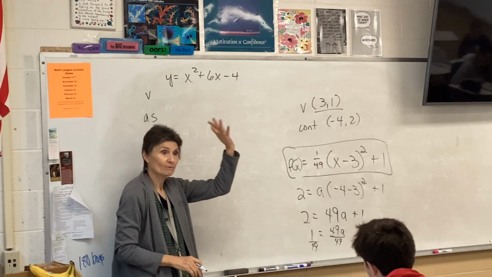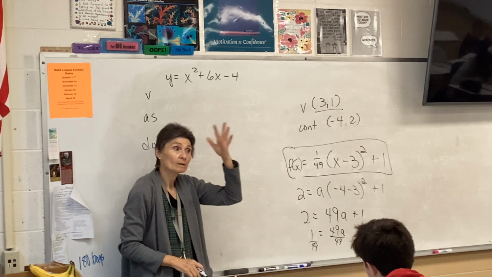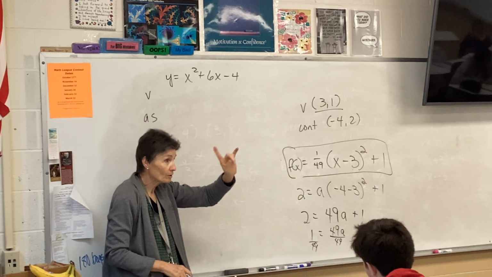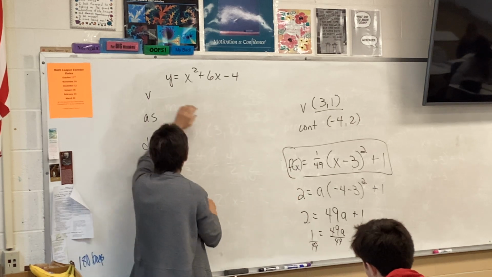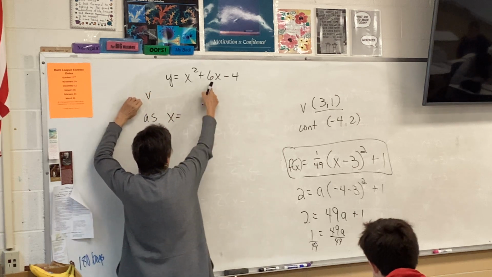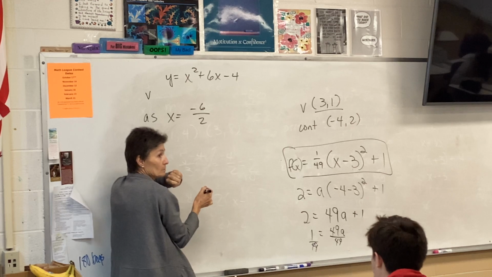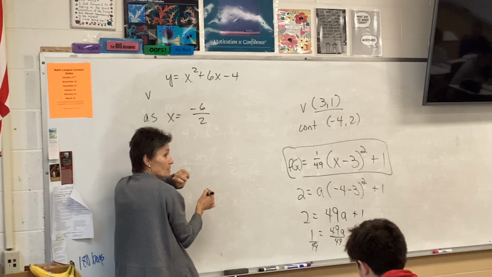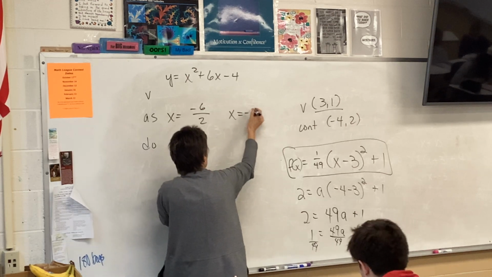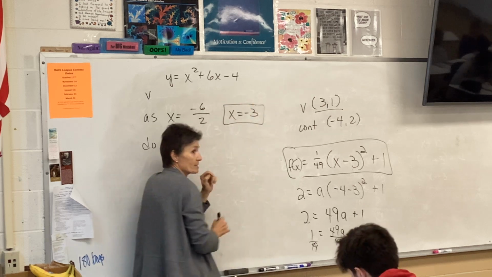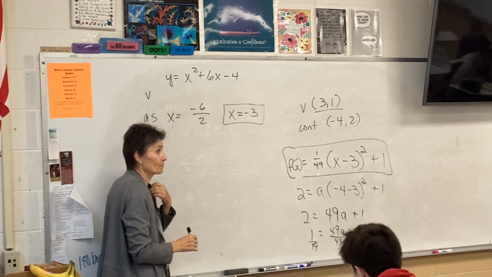How did we find that vertex? Negative b over 2a. So here we go. -6 over 2. So my axis of symmetry is x equals -3.